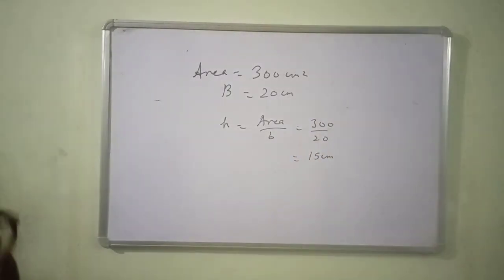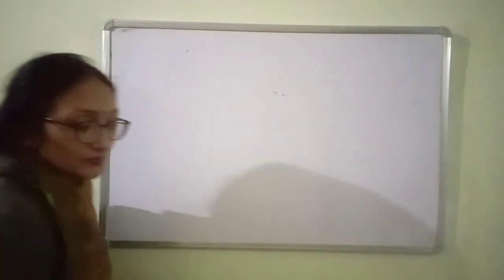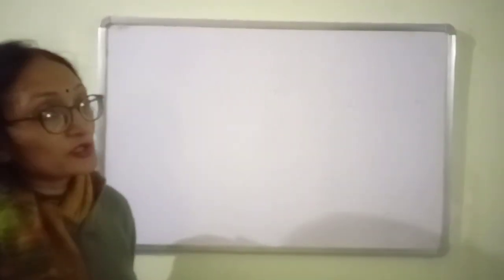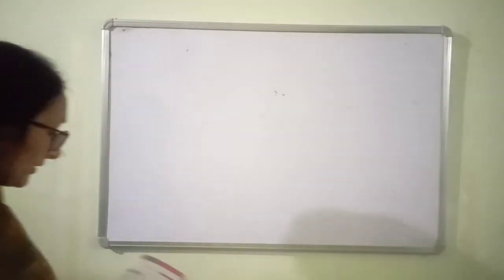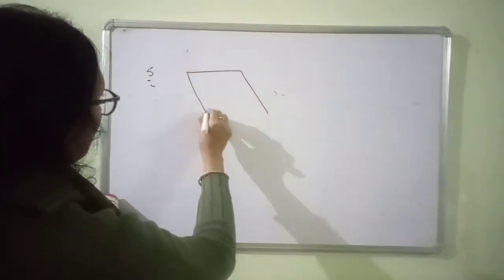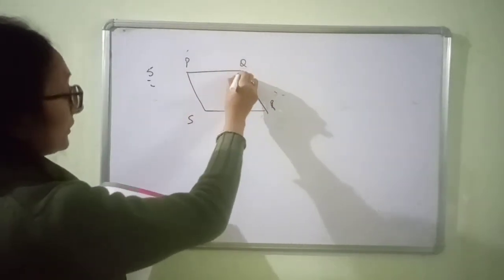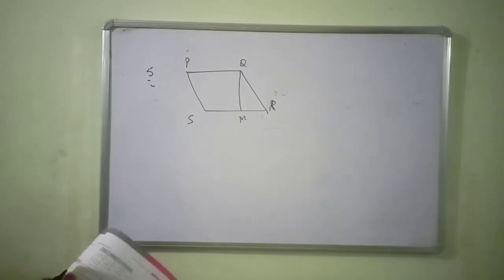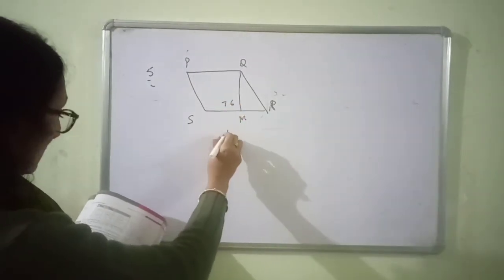Now we will move to some questions from the NCERT book, chapter 11, exercise 11.2. Whatever I explained, you are able to do the first 4 questions. So I am going to explain the 5th question. In the 5th question, a parallelogram PQRS is given, and here the perpendicular from Q is given, M. In the question it is given QM is 7.6 and SR is 12 cm.